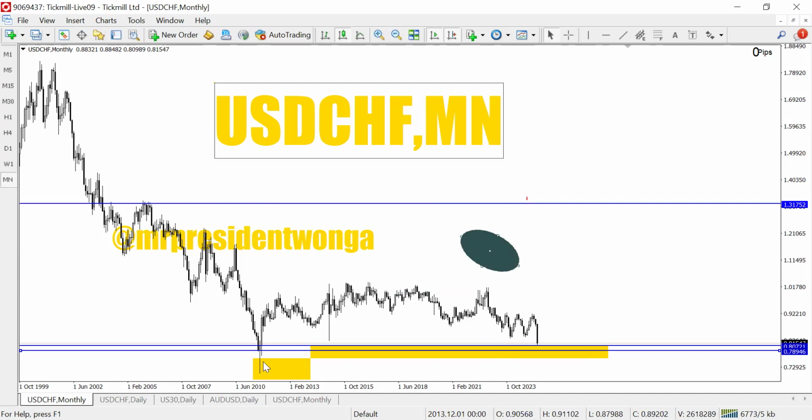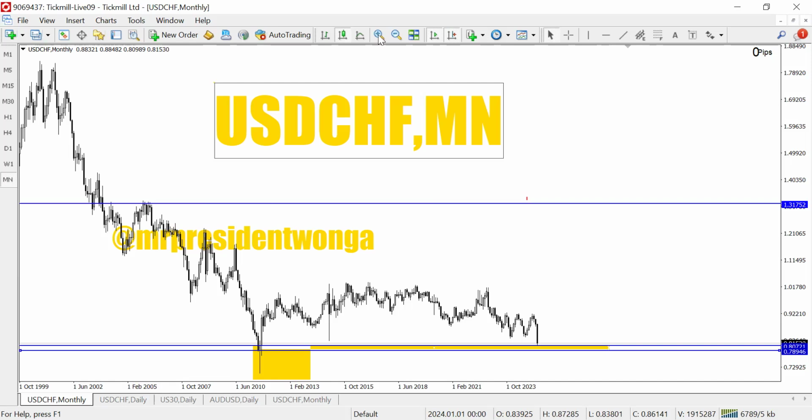BC and a hammer. Okay, so after that hammer was formed, we can notice what happened.